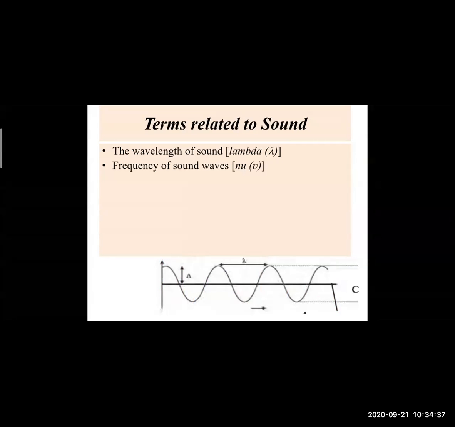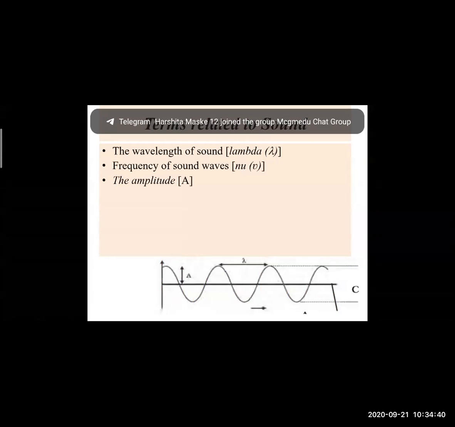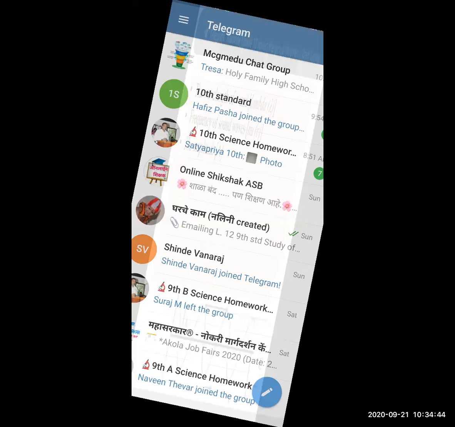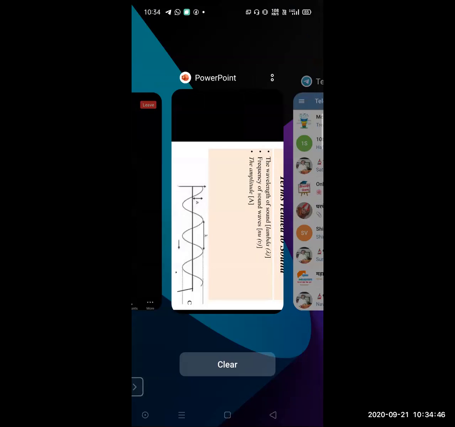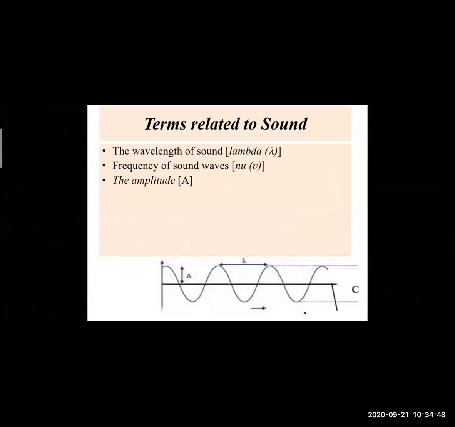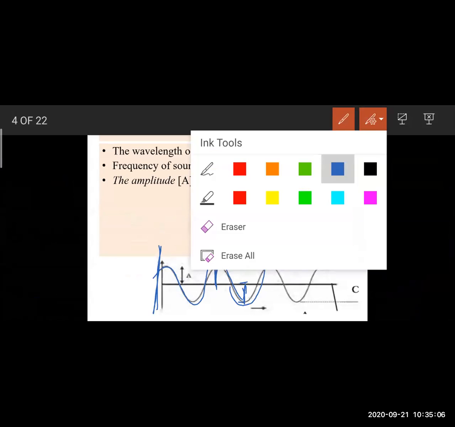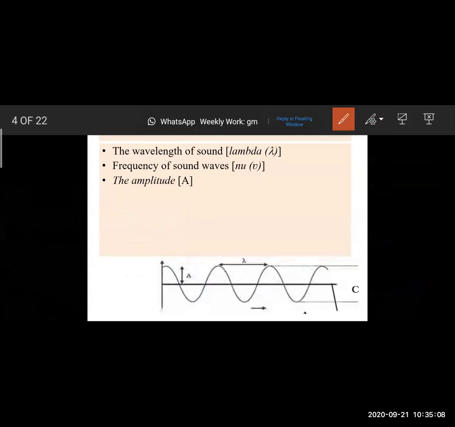Next concept we have seen was the amplitude. The length of that ridge or the length of that furrow is calculated as the amplitude, and it will decide the loudness.